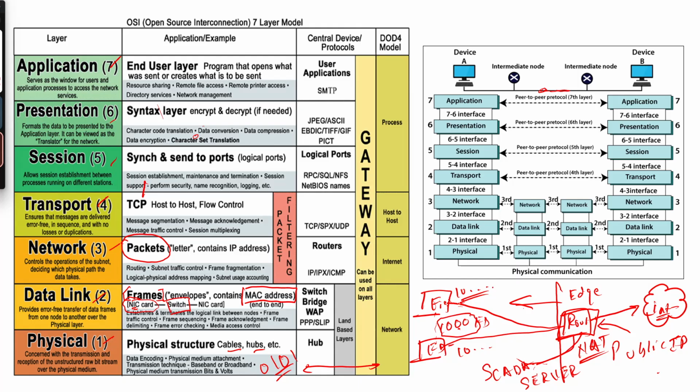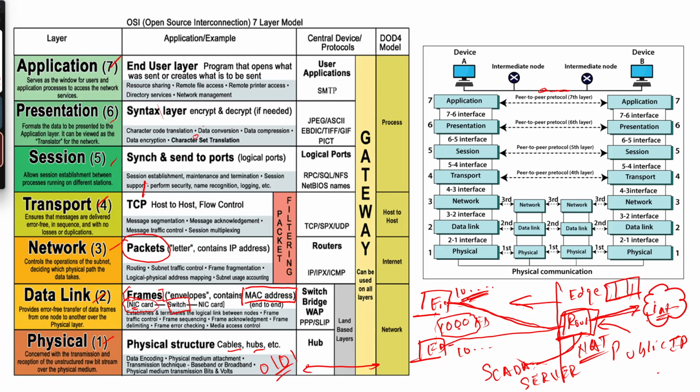So if a specific field device wants to communicate to the internet, it will come and say, okay, I want to communicate to the internet. Network address translation will convert the private IP into the public IP. It will mask it, and then the packet will go into the internet to the specific destination, right?